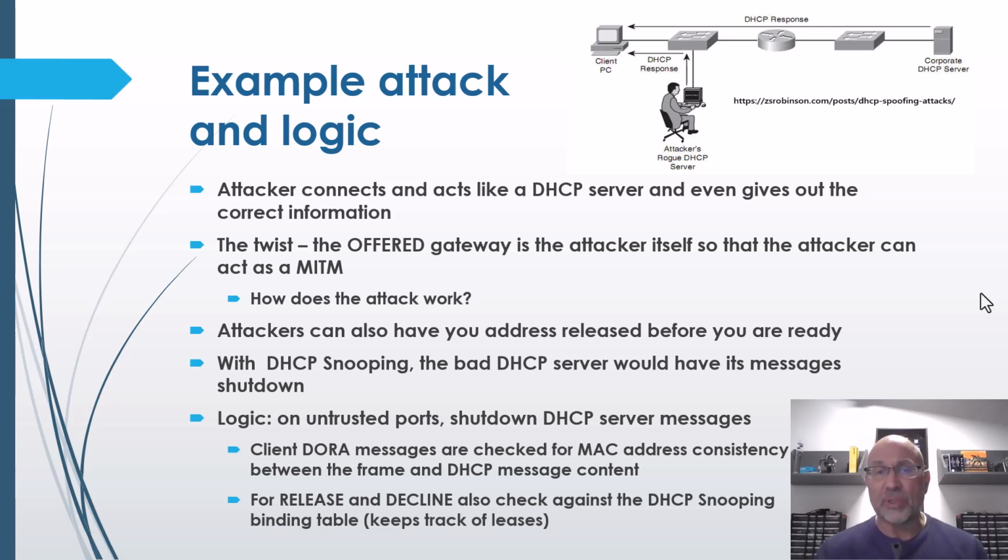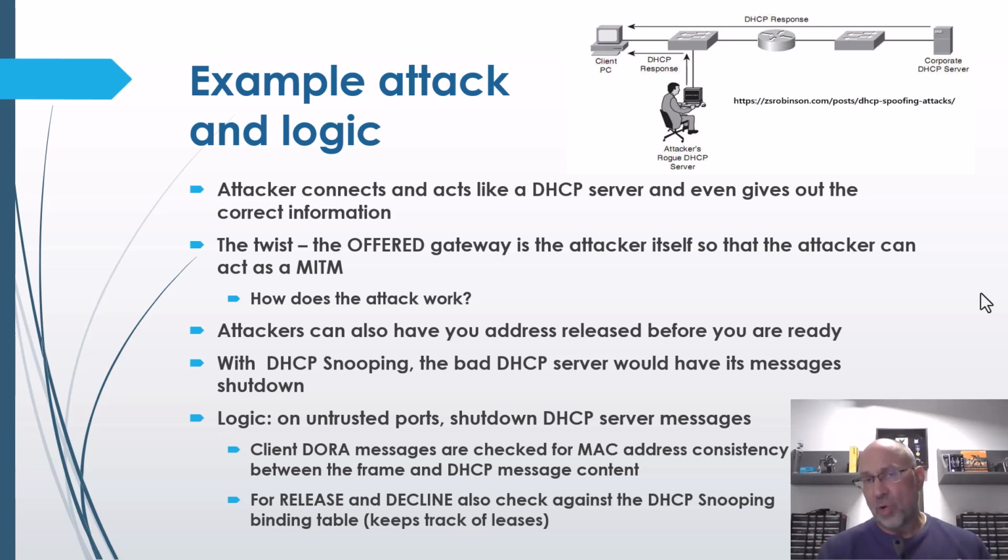So with DHCP snooping, the DHCP server that's attacking would be shut down. These messages would not be allowed because they would appear on an untrusted port. For clients, if they don't match what the switch thinks the MAC addresses ought to be, then that traffic is also blocked.